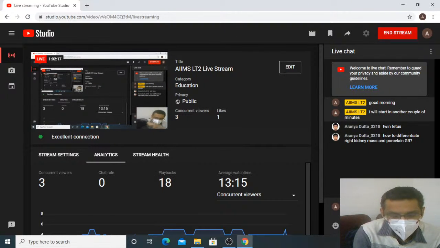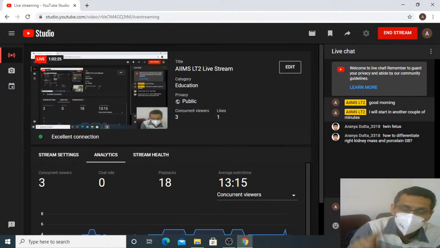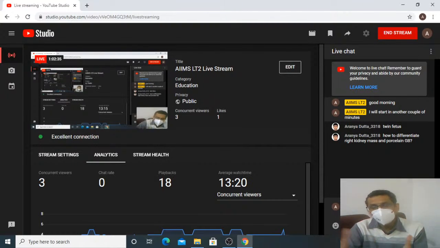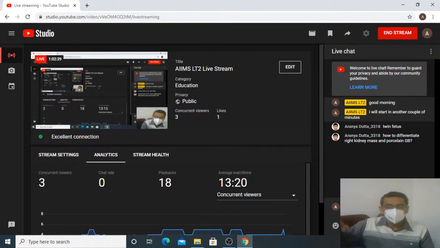Whereas a mass would not have calcification in the wall, it would have calcification within its content, within the soft tissue of the mass. So it will never be like a rim-like or a curvilinear. It will be more amorphous, cloud-like, irregular, bizarre, whatever word you want to use. So if you see that calcification, you would know that is in the soft tissue. If you see a rim-like or a curvilinear calcification, you would think it is in the wall.